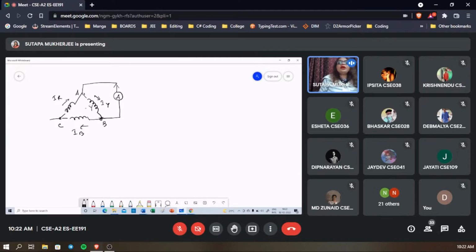So in this triangular form, if you want to know the potential difference between 2 phases, that is the line voltage VL, that will be equal to V phase. But in case of delta connection, if you want to get I phase and IL, is it equal?